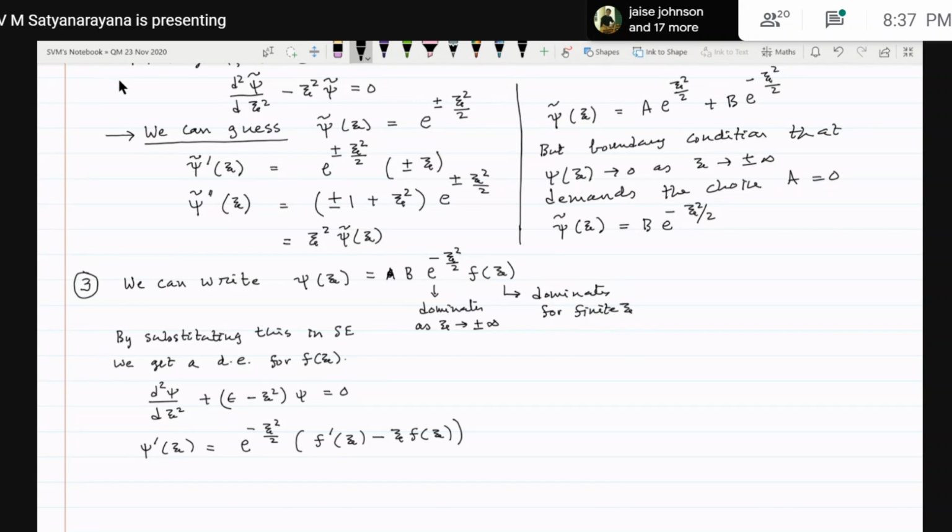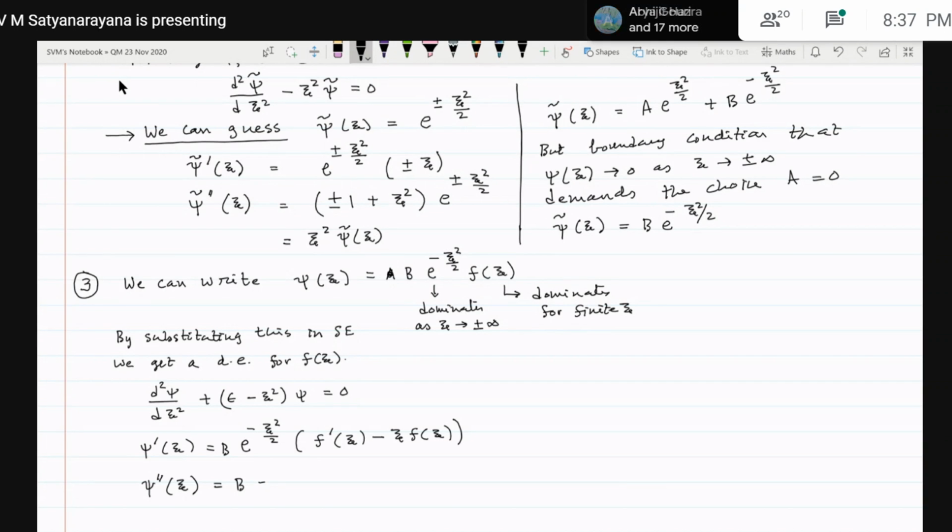There is a b sitting here, doesn't matter. And psi double prime of xi is equal to b into, I have to differentiate this and differentiate this, and when I'm differentiating this, I have to once again use a product rule here.